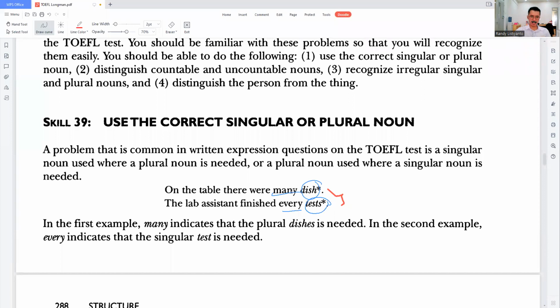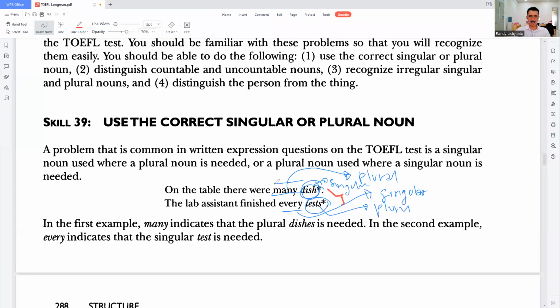So if you pay close attention here, many indicates that the noun should be plural, while every should be followed by a singular noun. But you can see teacher is singular and tasks is a plural noun.